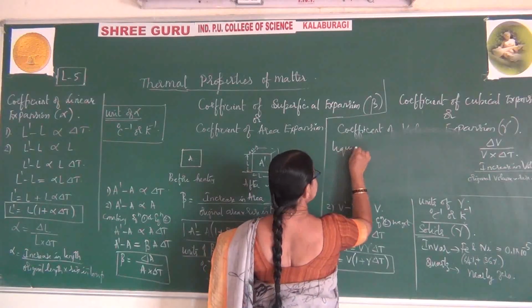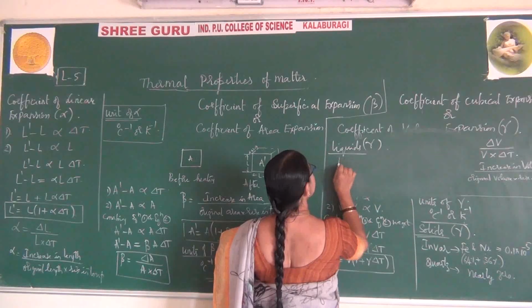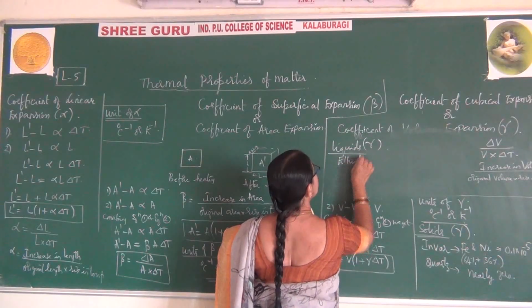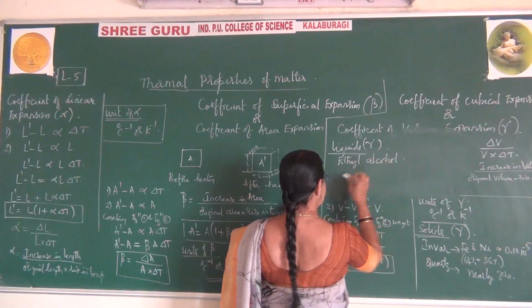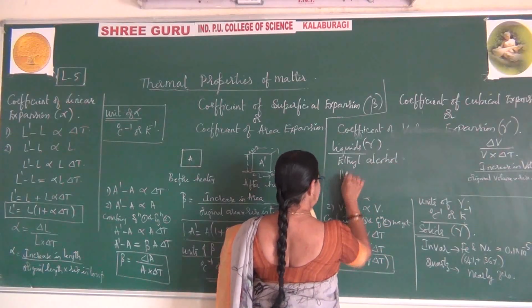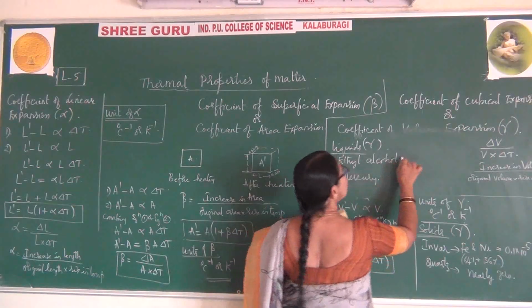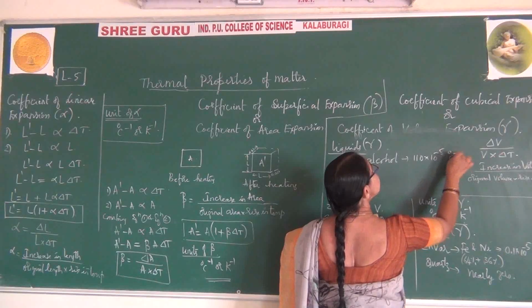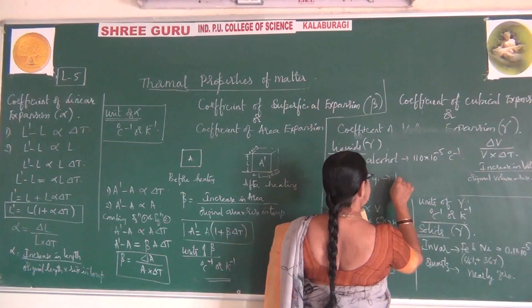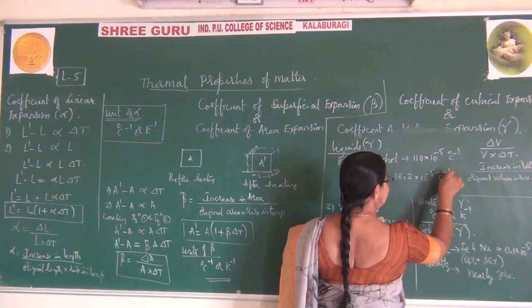Particularly for liquids, that is gamma, what is it? Ethyl alcohol, and one more, I take mercury. Ethyl alcohol is 110 into 10 raised to minus 5 per degree centigrade, but mercury is 18.2 into 10 raised to minus 5 per degree centigrade.